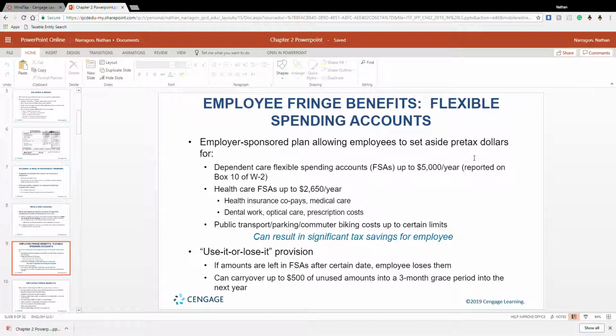Public transportation, parking, commuting, biking, that's pretty cool. Costs, they're up to certain limits. And again, these all help with tax savings because they're coming out before the actual taxes.